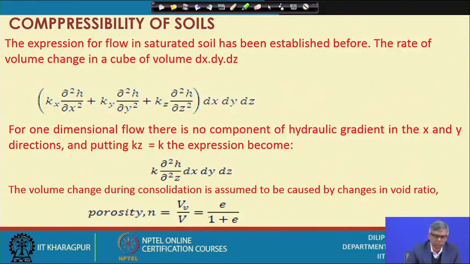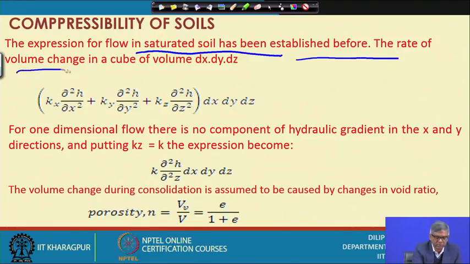Now, to do this, we use what we did while discussing the permeability topic, the flow in and flow out, and at that time we derived the expression for flow in saturated soil, which is already established.